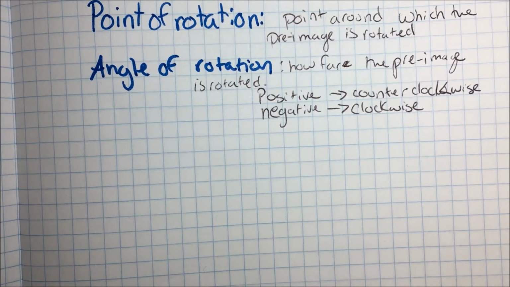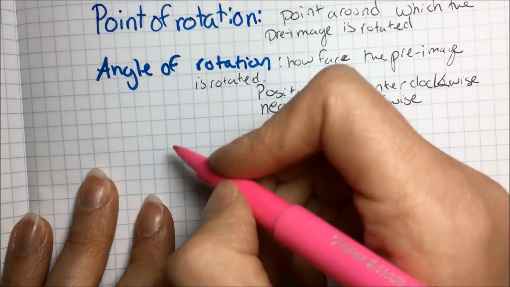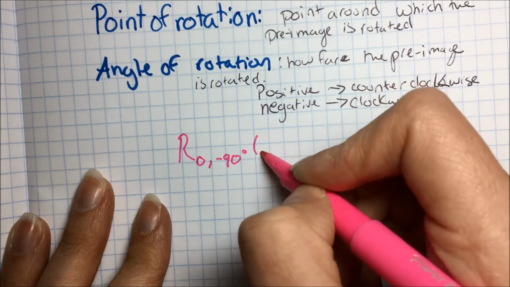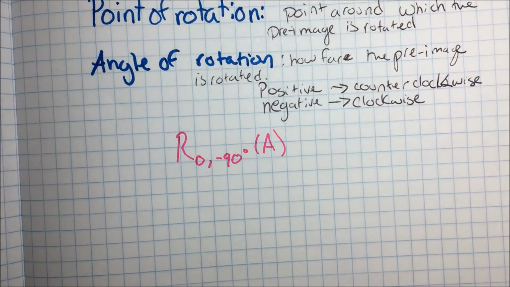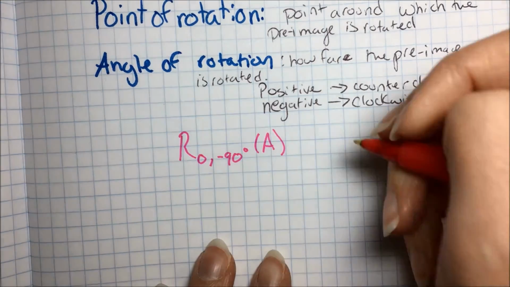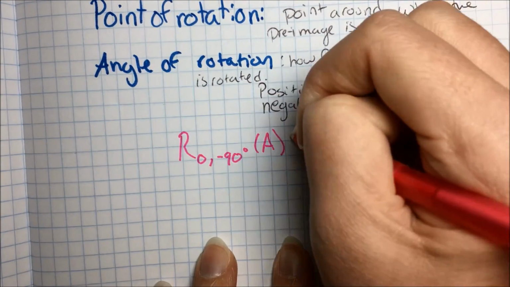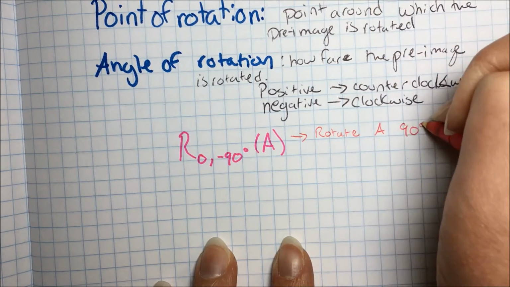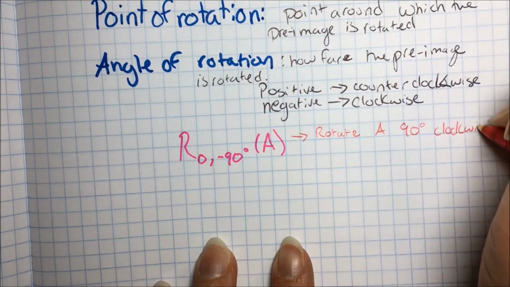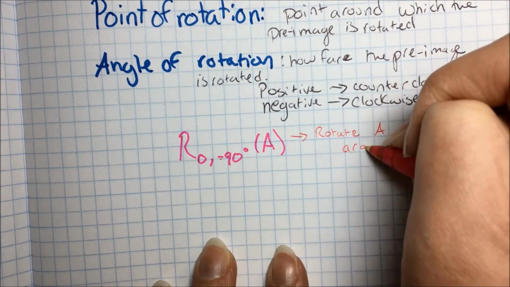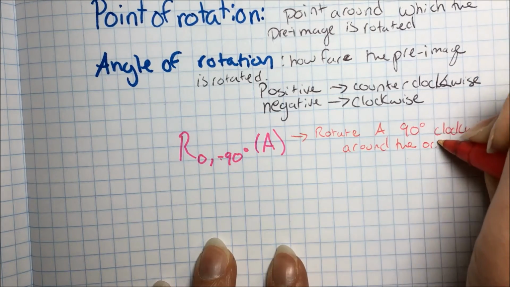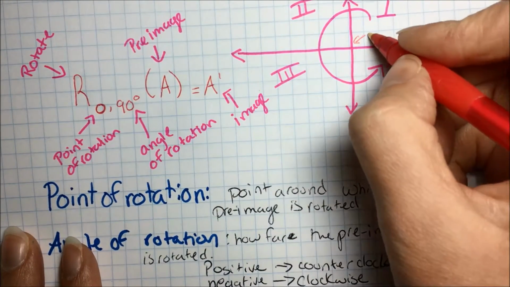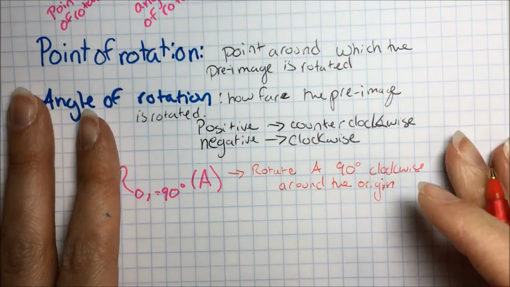So if I saw a rotation around the origin of negative 90 degrees of point A, that means rotate A 90 degrees clockwise, because it's negative, around the origin. Remember, the origin is the point in the center. Okay.